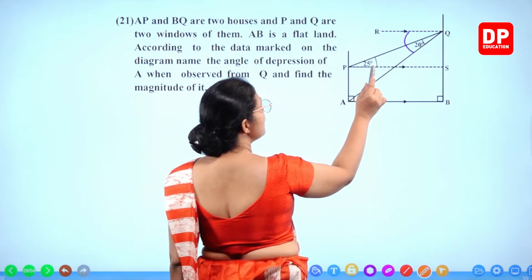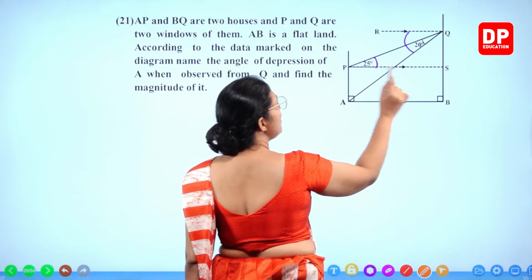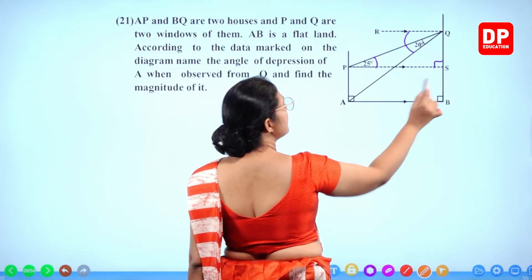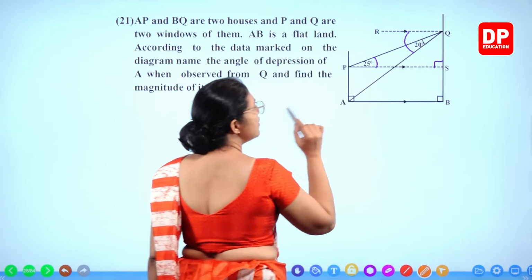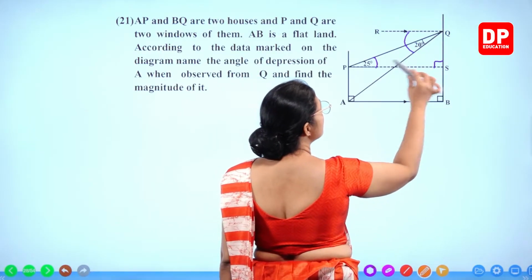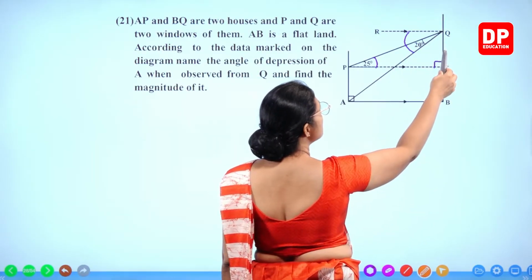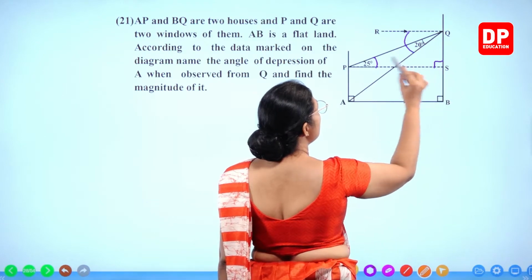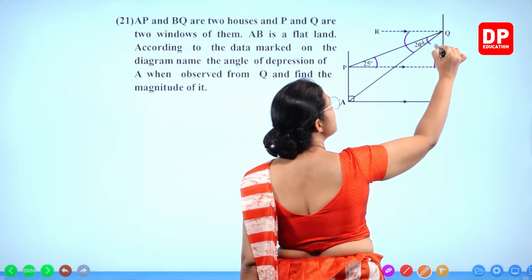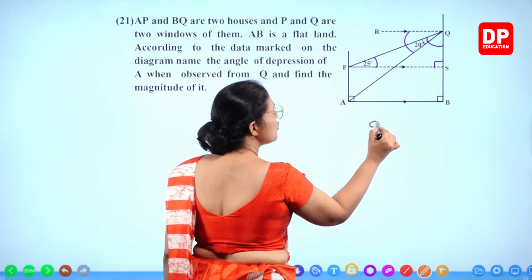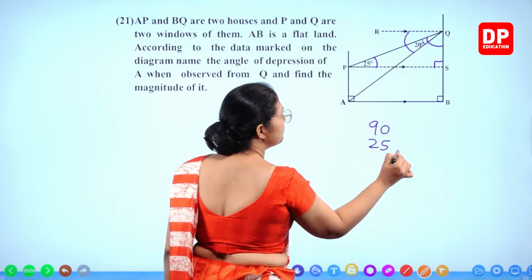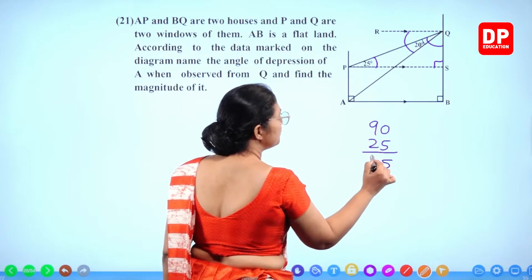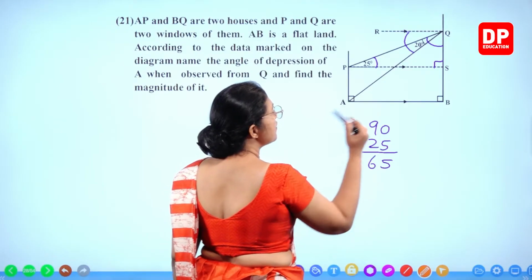If this is 25 and this is a 90-degree angle, this is parallel to the vertical one. These two lines are parallel and this is a vertical line. This is 90. If this is 25, what is this angle? 90 minus 25, 65 degrees.